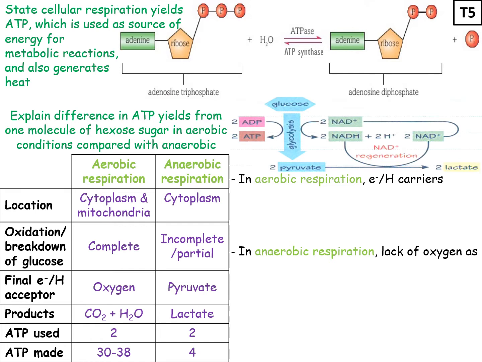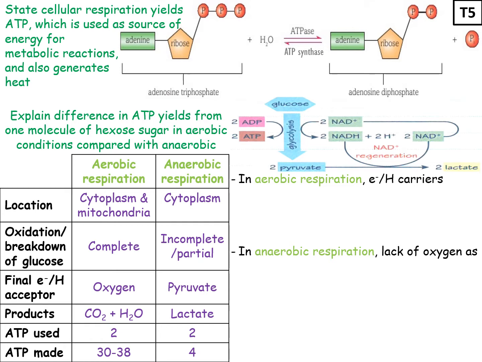So if we're comparing aerobic and anaerobic respiration, we can see that aerobic respiration starts off in the cytoplasm, where glycolysis occurs, but then you've got the link reaction and Krebs cycle in the matrix of the mitochondria, and oxidative phosphorylation also occurring in the inner membrane. Whereas anaerobic respiration only occurs in the cytoplasm. For aerobic respiration, you've got the complete oxidation, complete breakdown of glucose, whereas it is incomplete or partial for anaerobic respiration.